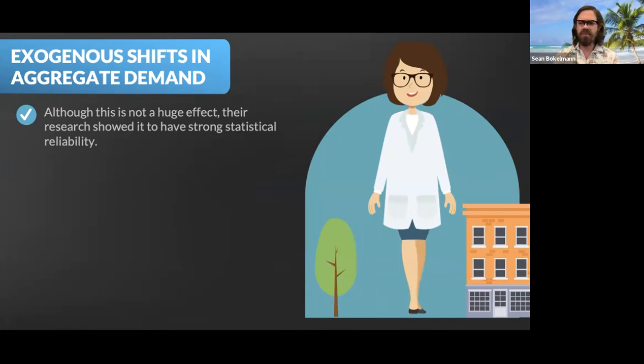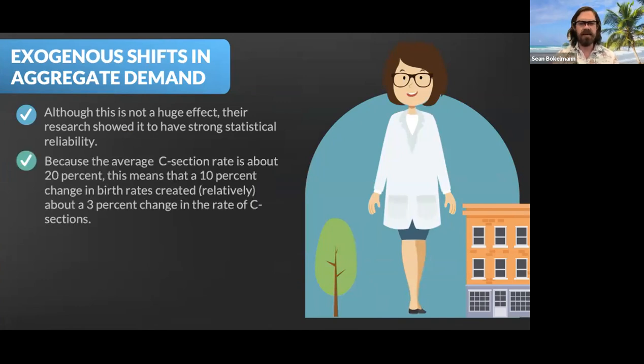Now you might be thinking, oh, 0.6 percentage points, that's not very big, but they were able to show that that small difference was actually very strongly statistically significant. And probably a better way to think about it is that if the average rate of C-section is about 20%, it means that a 10% change in birth rates created a 3% change in the rate of C-sections.